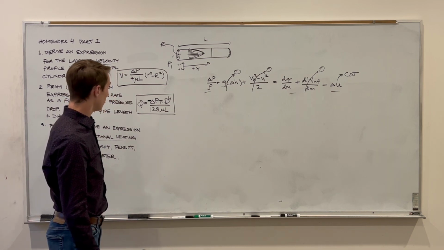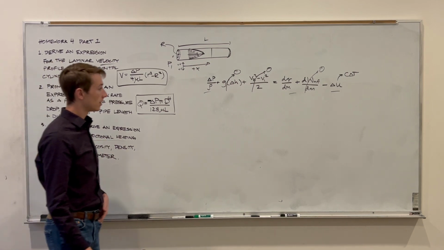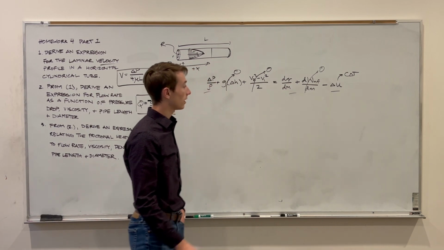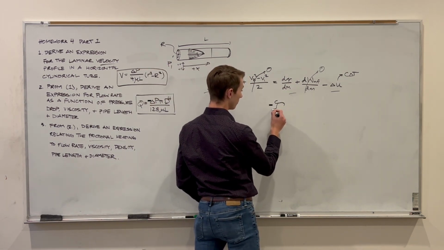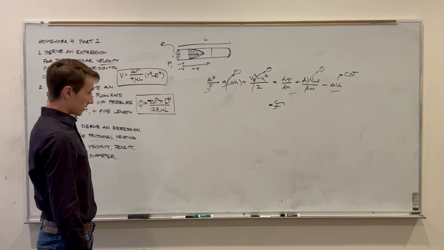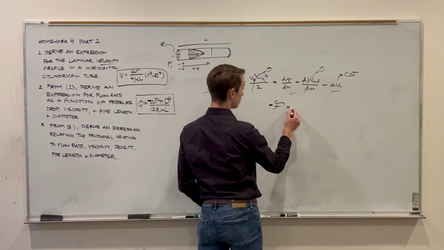So, frictional heating. Frictional heating is defined as the combination of these two things. Okay? And we represent frictional heating with a fancy F. So, I'm going to write this in terms that are a little bit easier to understand here.